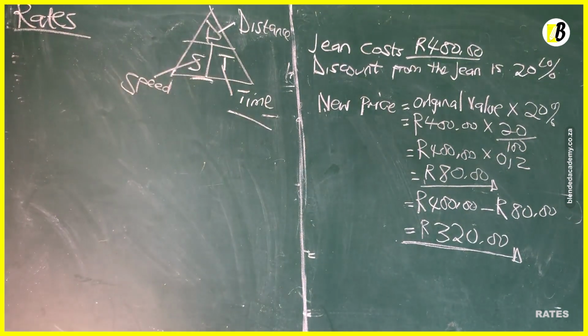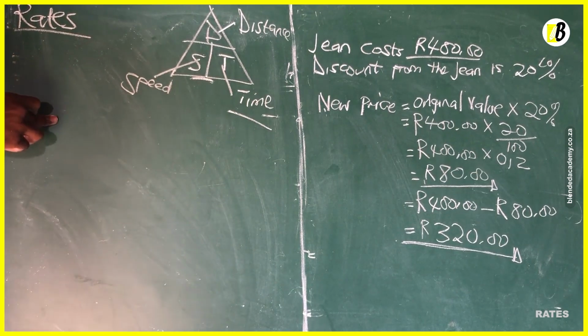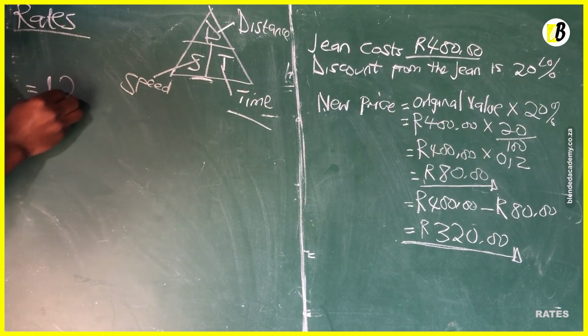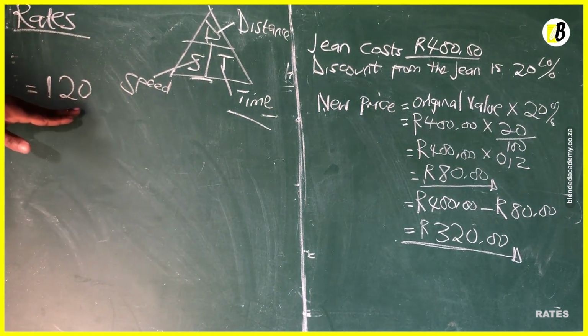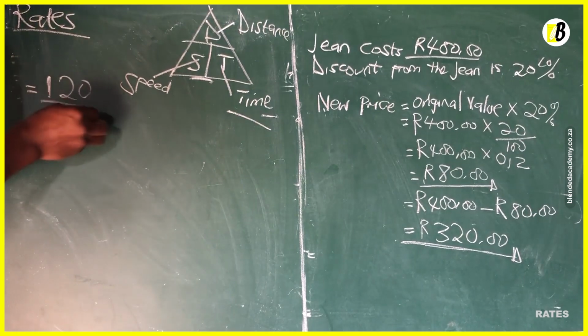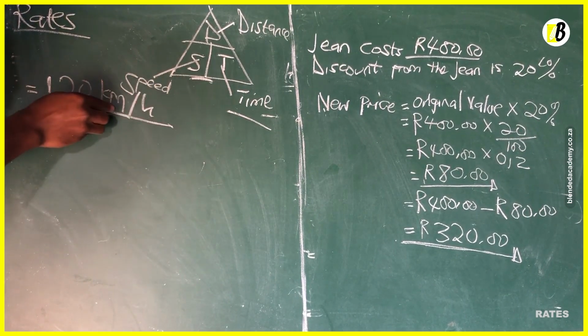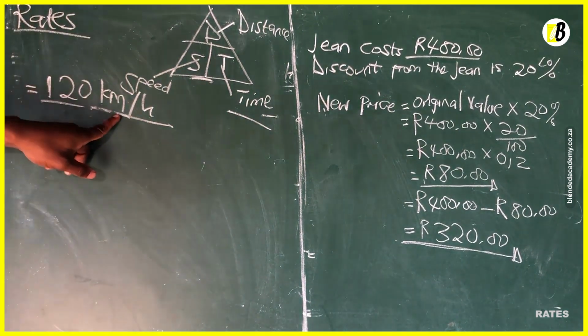So let's say I travel at a speed of 120. I'm going to Johannesburg with that speed, 120 kilometers per hour. That is the expression of the speed, kilometers per hour.